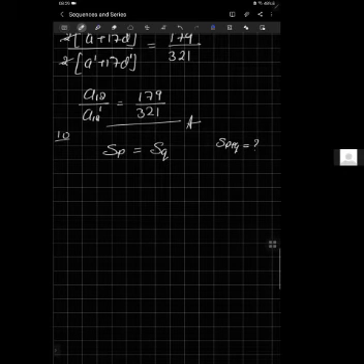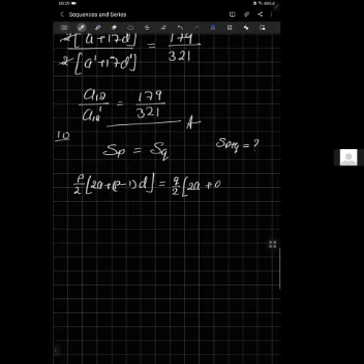Now SP means, try to see, P by 2 into 2A plus P minus 1 into difference d. SQ means Q by 2 into 2A plus Q minus 1 into difference d.